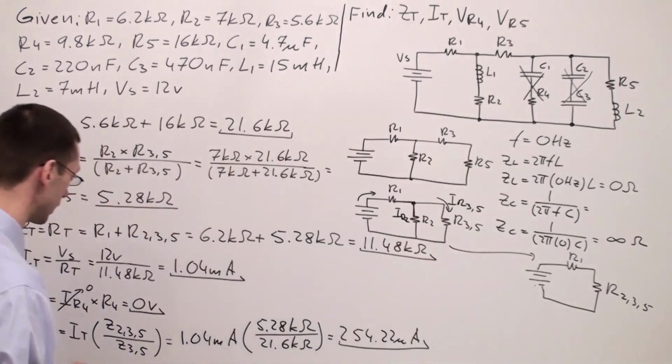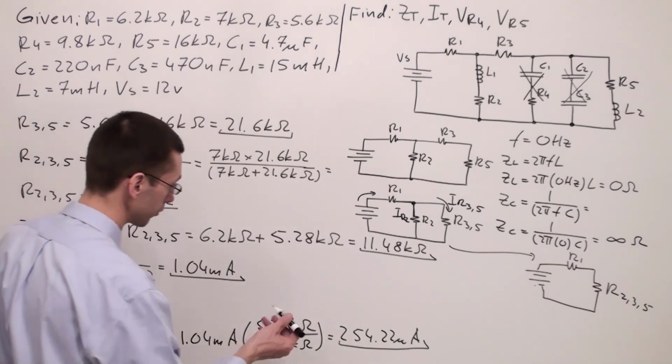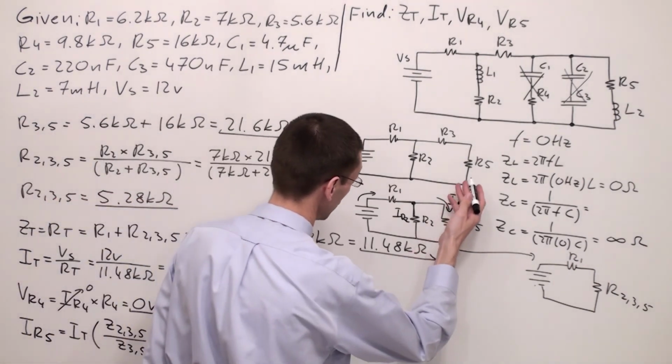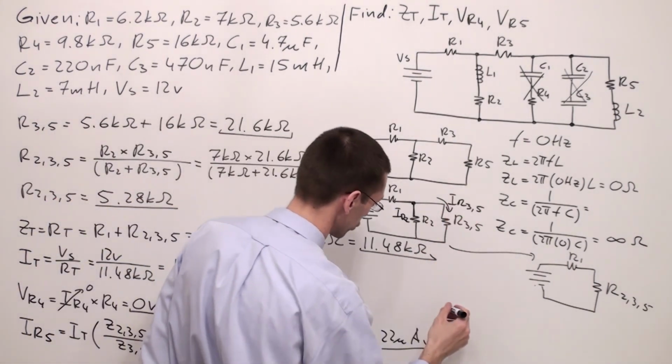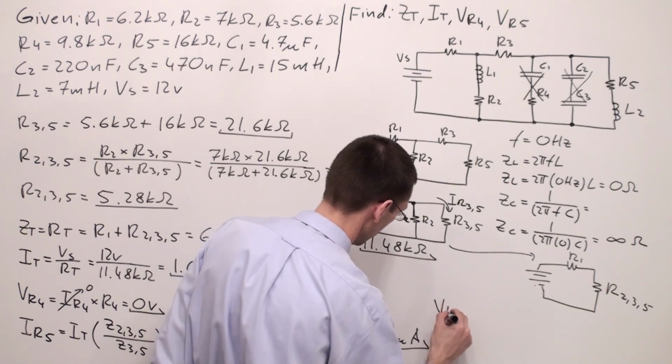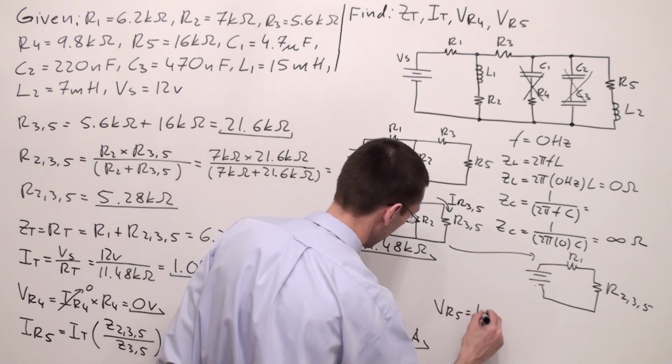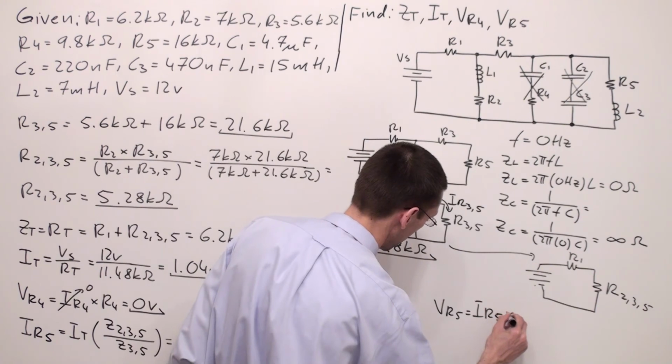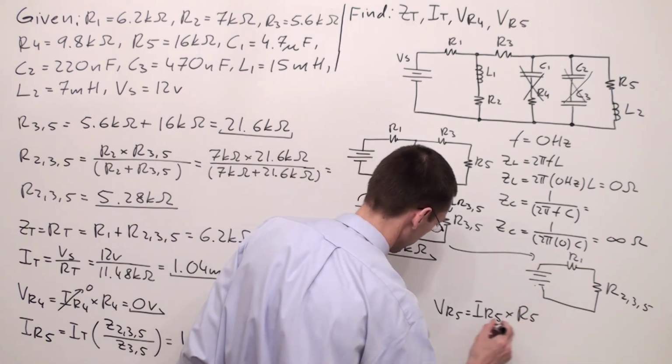Okay, so I can say that I have the current. In order to find voltage VR5, I'm supposed to use Ohm's law. So VR5 is equal to IR5 times R5.